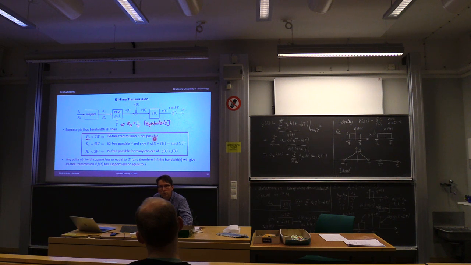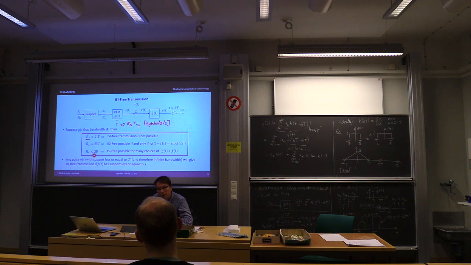So that is the case. Now, if we are completely on the border here, so that the symbol rate is exactly equal to twice the bandwidth, then we can have intersymbol interference-free transmission if, and only if, G convolved with F is this sinc function. Okay. That's the only possibility.